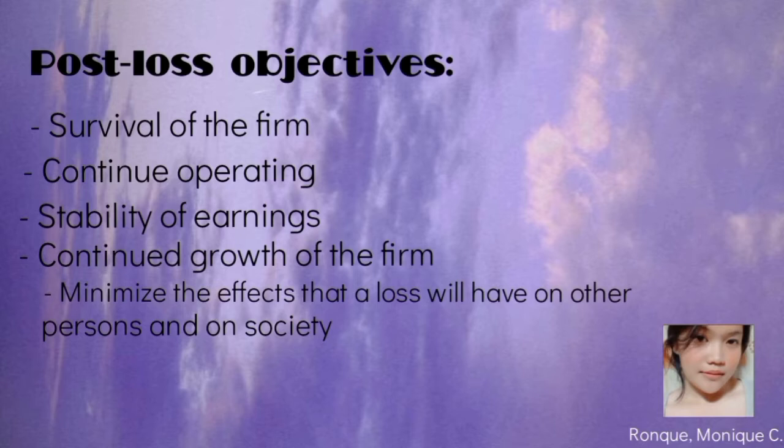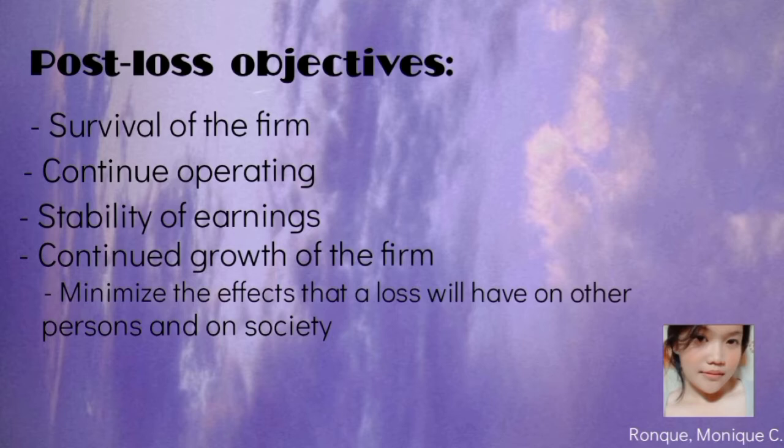Stability of earnings: companies that continue to operate through losses continue their earnings per share potential. In some cases, a firm can endure more expense in order to maintain operation throughout the losses. Next is maintain growth. A company is able to maintain growth by continuing expansion at all costs.